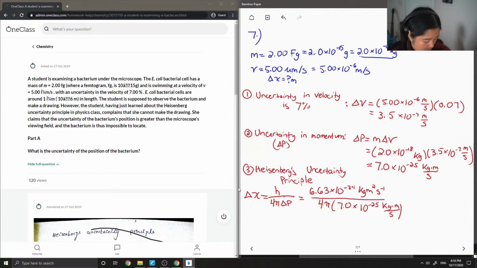Okay, so you can see that one of the meters cancels out, kilograms cancels out, and then the seconds cancels out as well, leaving delta x to have a final value of 7.54 times 10 to the negative 11 meters.